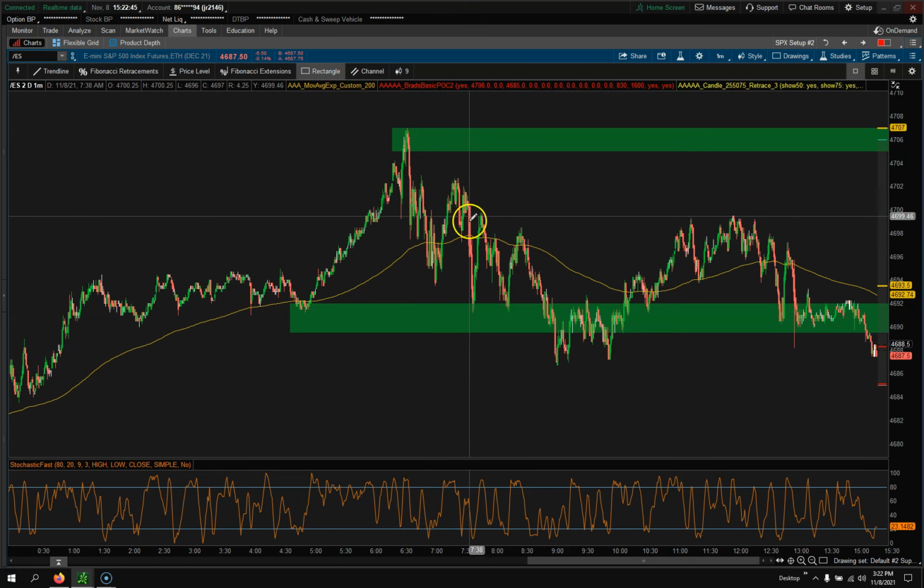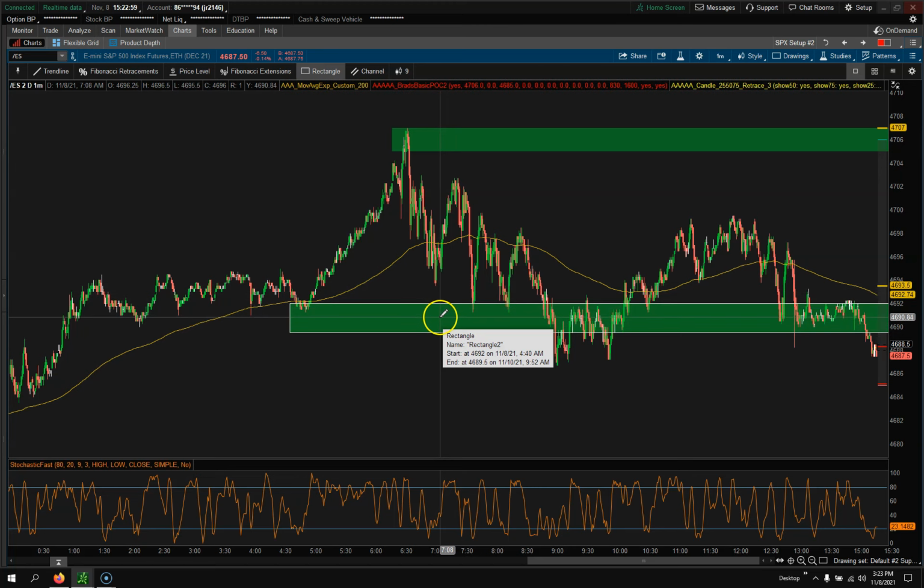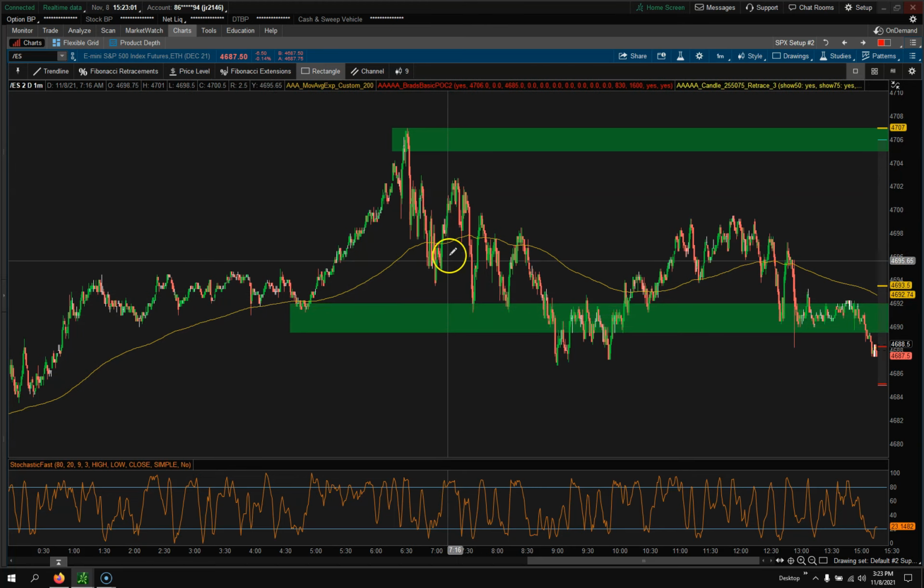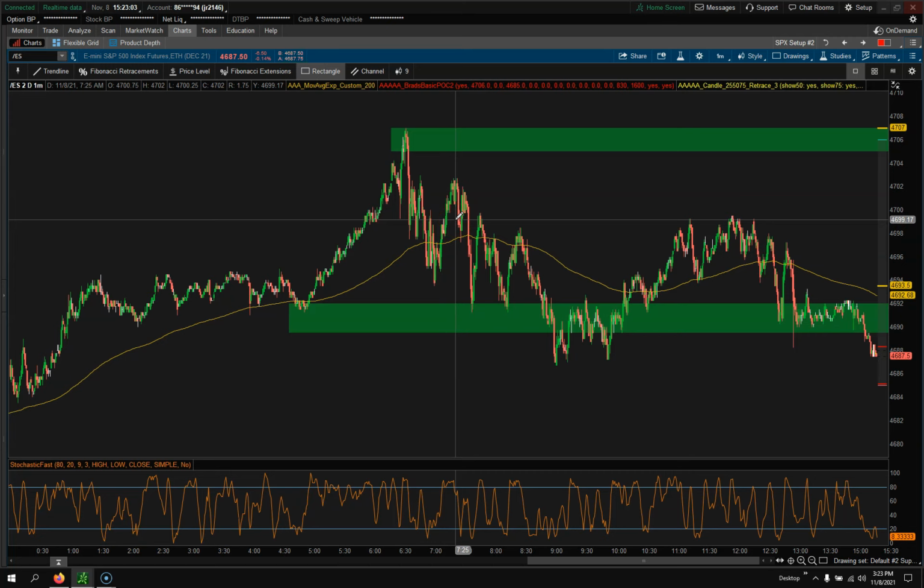Price bounced, and then we came down. I love to see trades like this, where we come down, we bounce, and then come back down into the second zone where we weren't close enough to make this lower zone invalid. Also, the way the market was trading, it was very slow, methodical. It was a nice, clean market.